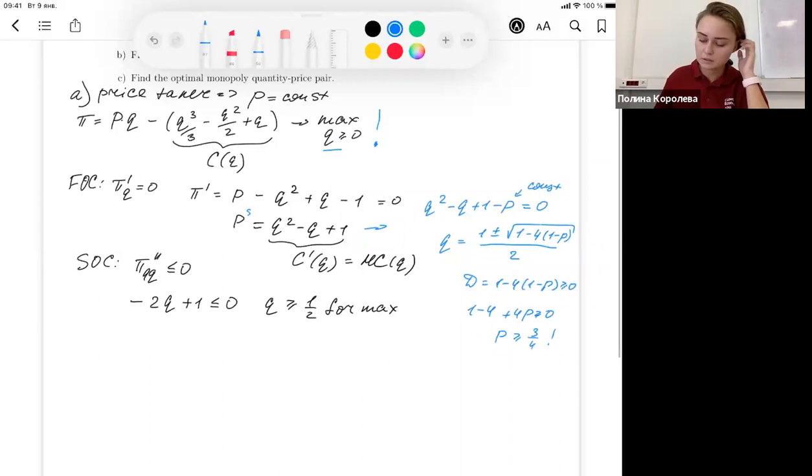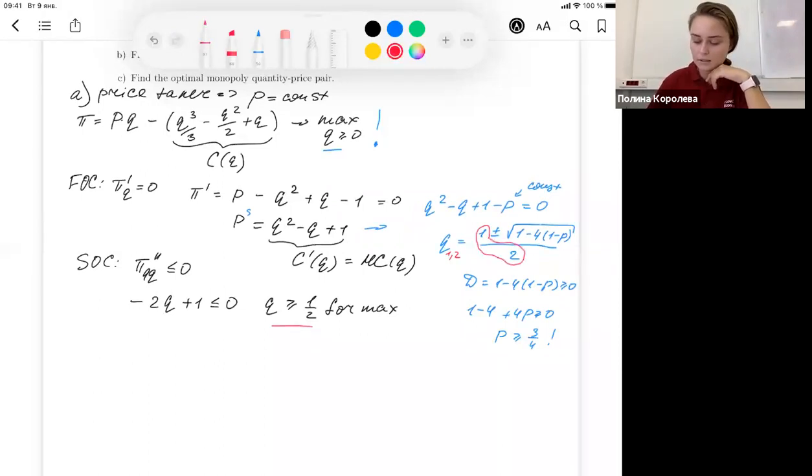Yes, that's first. Now we found two roots, 1 and 2, and we should choose the right root that we need. What we see in the second order condition is that quantity should be greater or equal than 1/2.